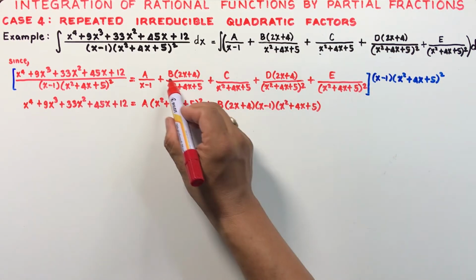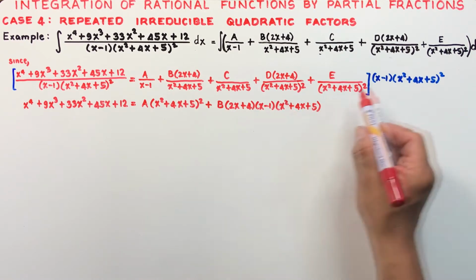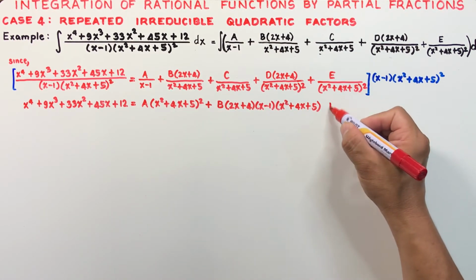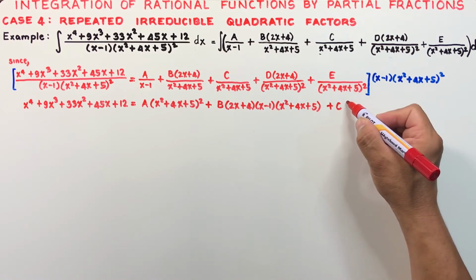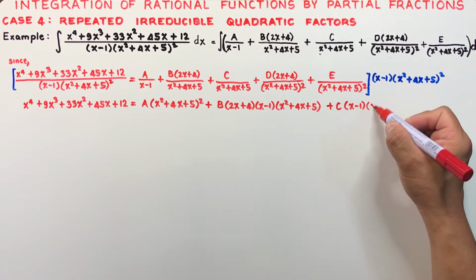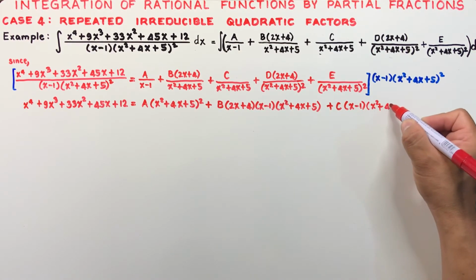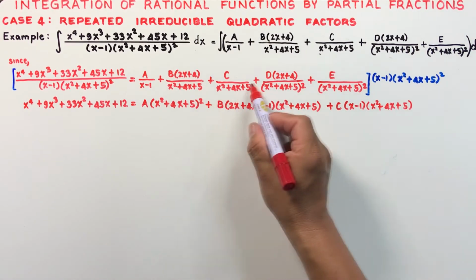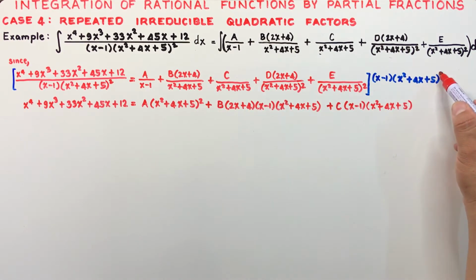So what remains is this one times this one with 1 quadratic here, plus c times (x minus 1) times the quadratic x squared plus 4x plus 5, because again this quadratic cancels with 1 quadratic here.